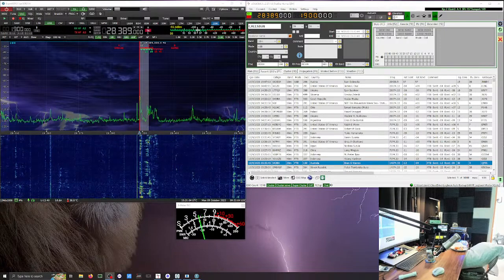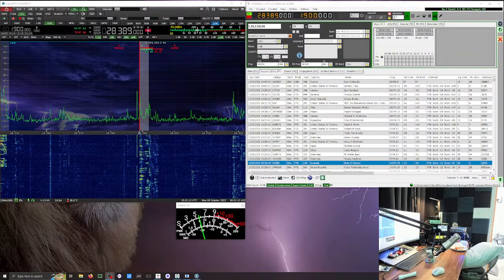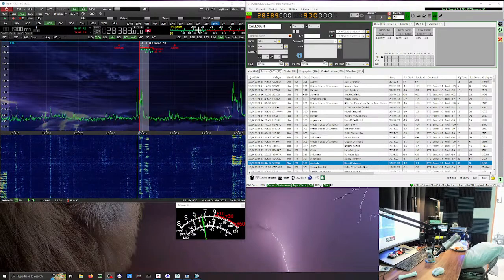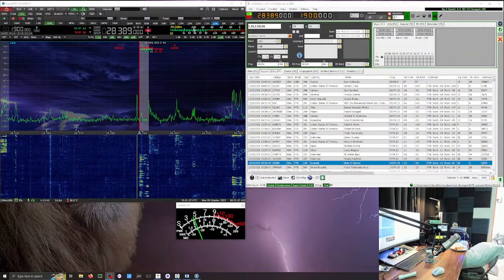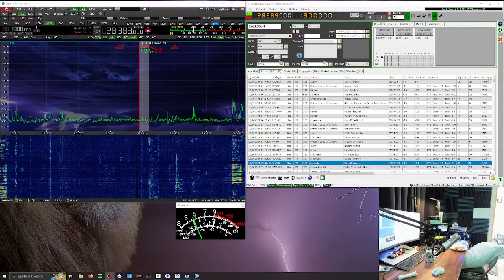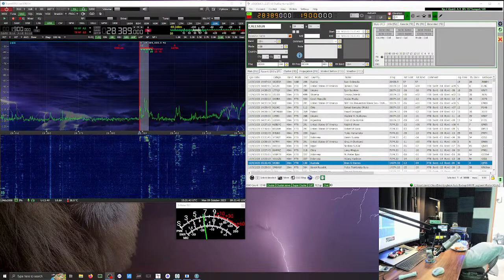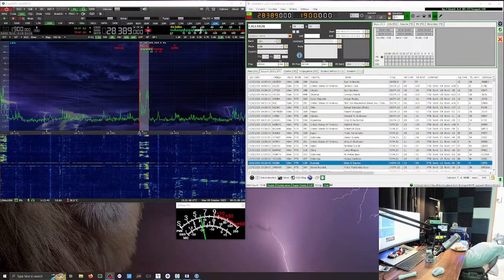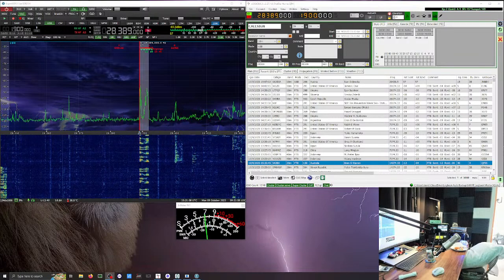CQ Delta X-ray, this is Kilo Golf 2 Mike, calling CQ DX, standing by and listening.